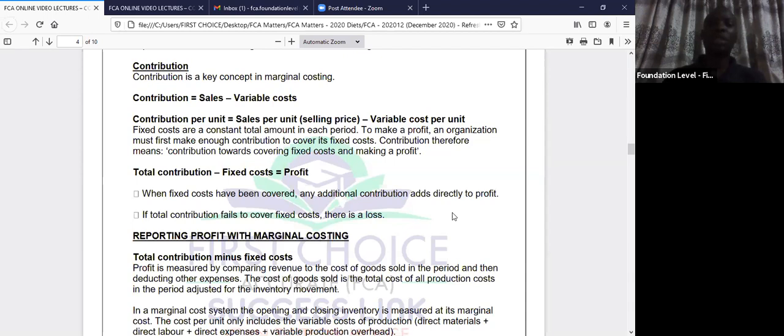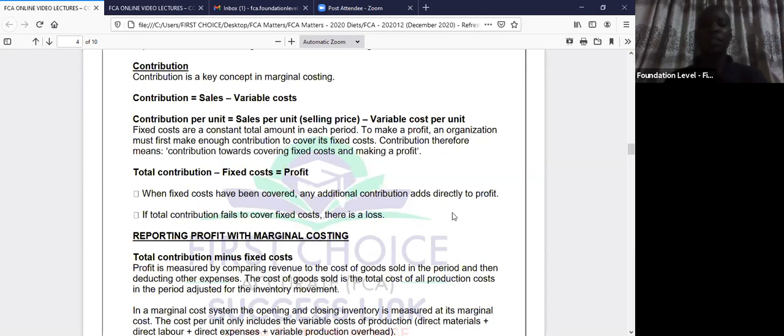So you may need to say sales per unit, or selling price, minus variable cost per unit. That will give you contribution per unit. Now, when you get contribution per unit and you know the total volume which you're going to produce or sell, you can multiply your contribution per unit by your volume to get total contribution.